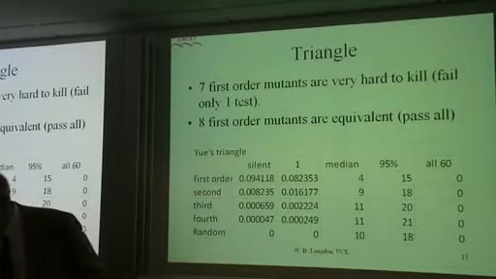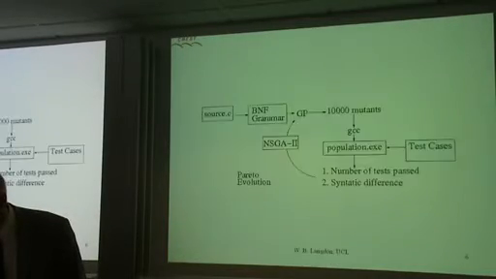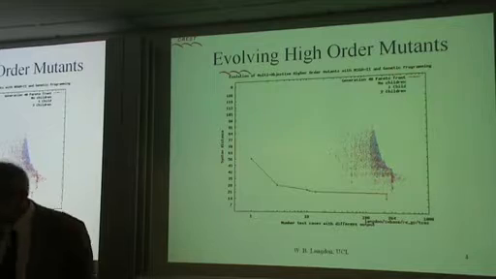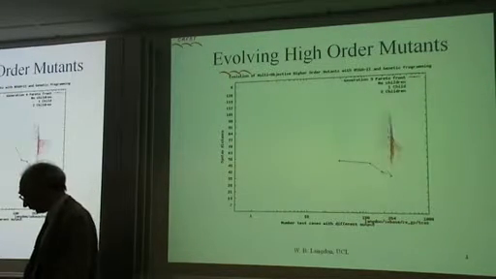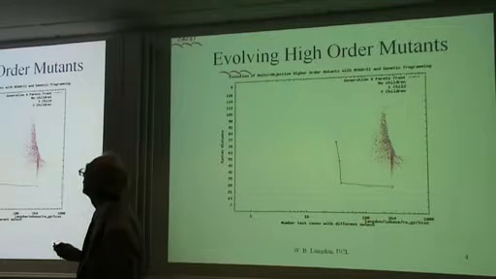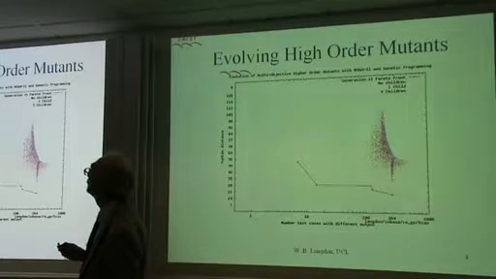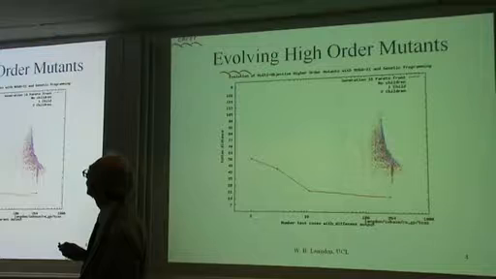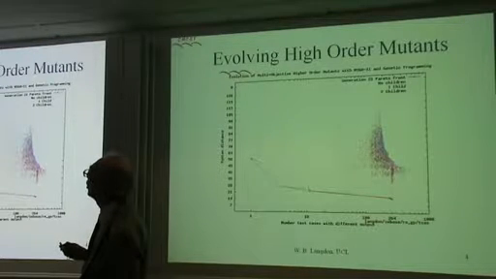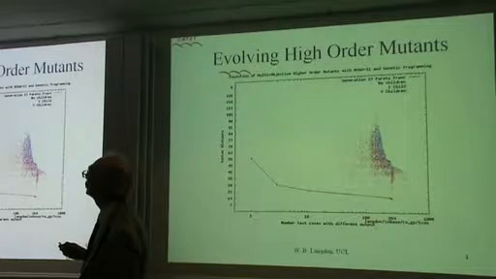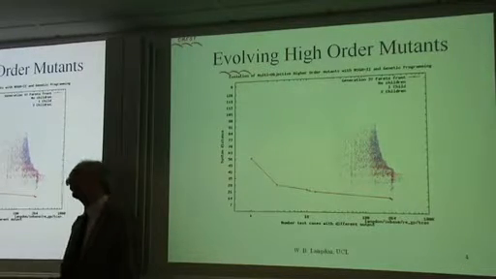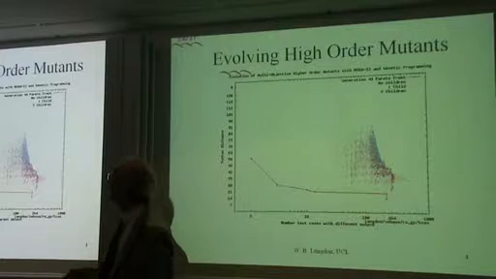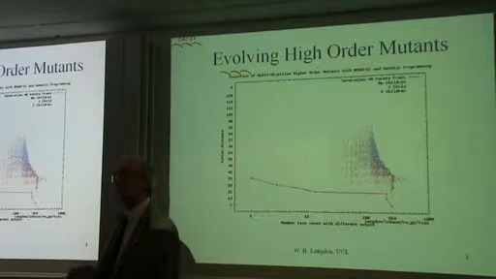So let me see if I can go back to this. What I didn't point out is that up in this corner there are a number of high order mutants which are equivalent as far as the test suite is concerned, but we don't actually want them.